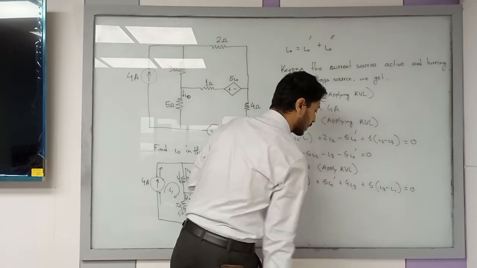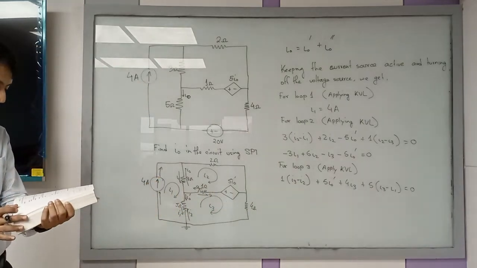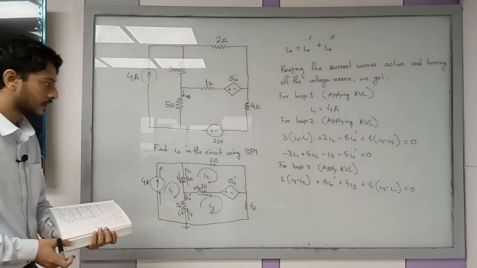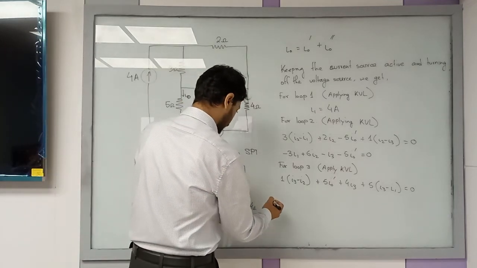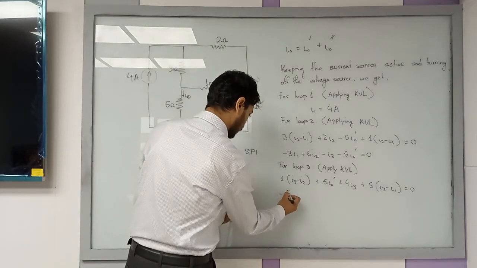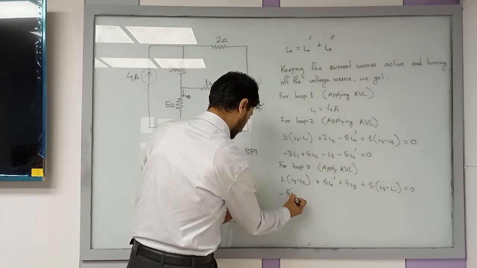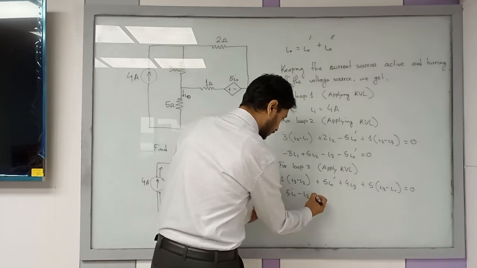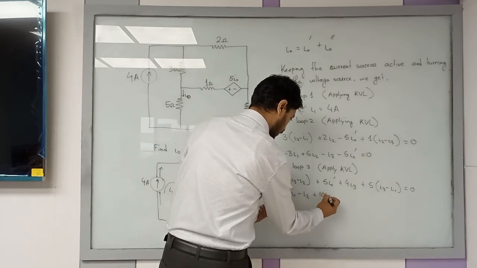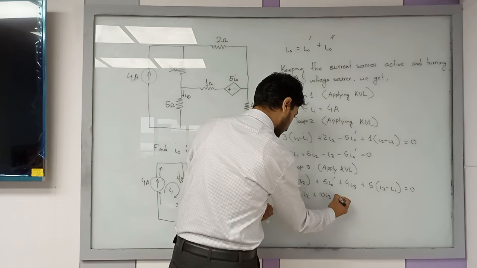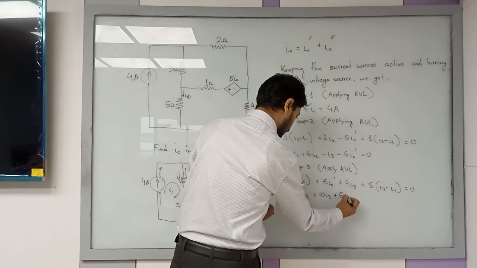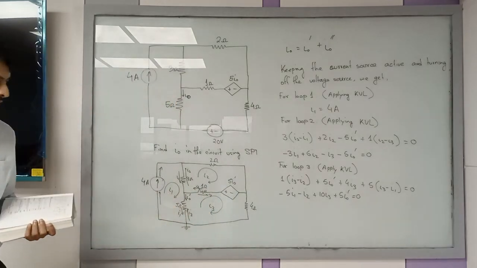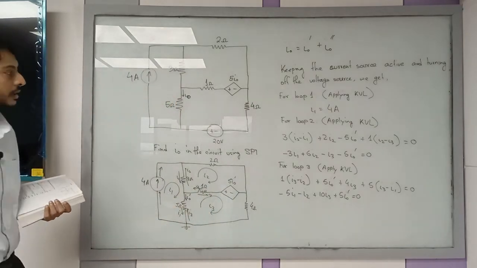This should be equal to 0. Simplify it and you will get 10 I3 minus I2 minus I1 plus I naught prime. So these are the equations you get.